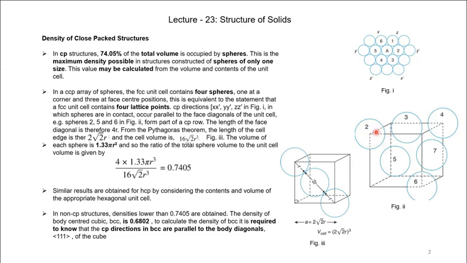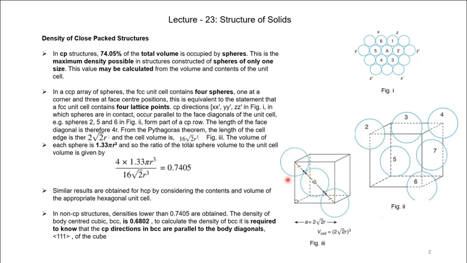If we call the radius of a sphere R, then the face diagonal is 4R: this is the radius of one sphere and the radius of another sphere, with a total diameter of 2R each.